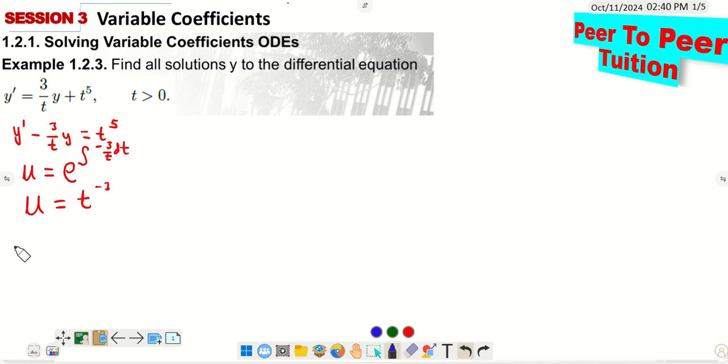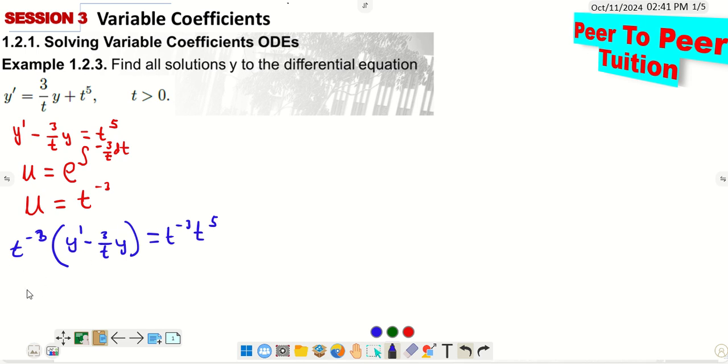So I'll take t to the power negative 3 and multiply it by the left hand side here, which is y prime minus 3 over t y. Then it should be equal to t to the power negative 3 times the right hand side, t to the power 5.